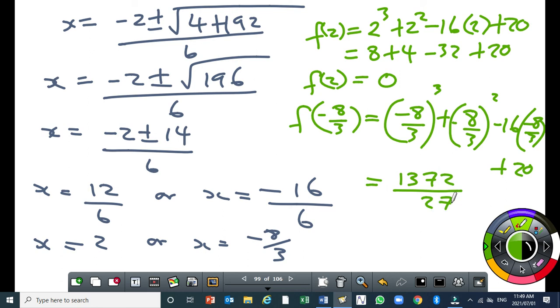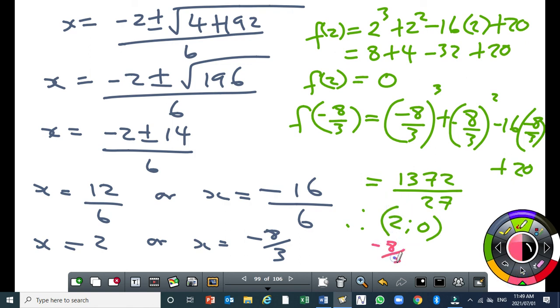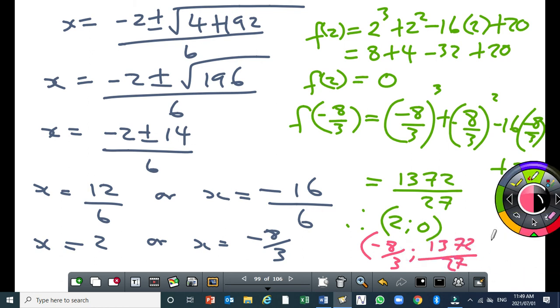All right. So it means our two stationary points are going to be at x equal to 2 and y equal to 0. The other one is going to be at x equal to minus 8 over 3 and y equal to 1372 over 27. Okay, those are the coordinates. Yes, these will be the coordinates of the stationary points.